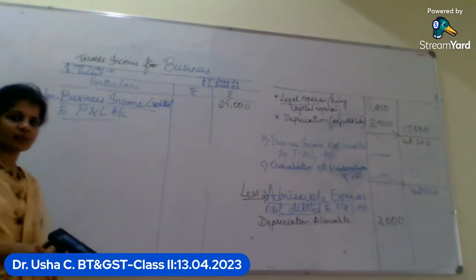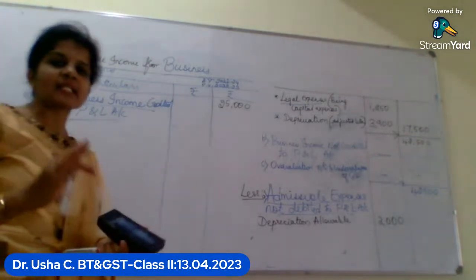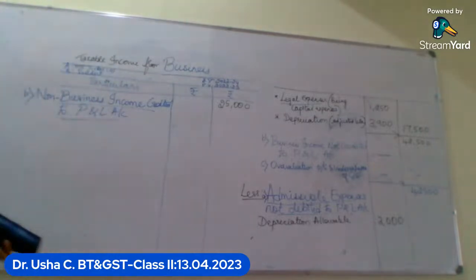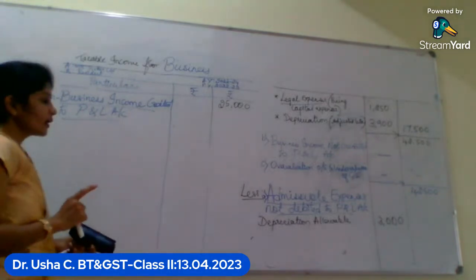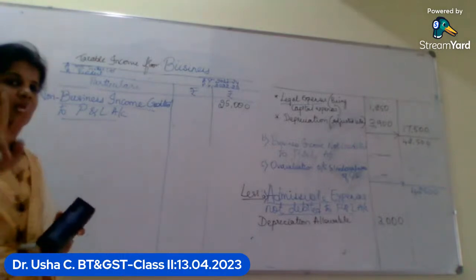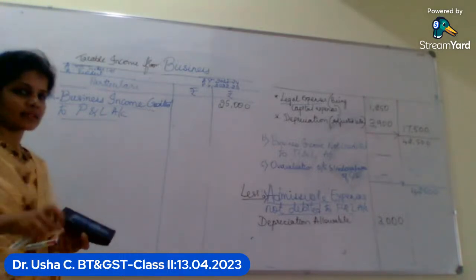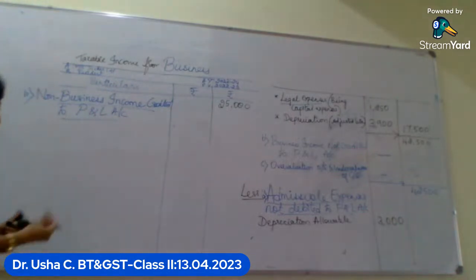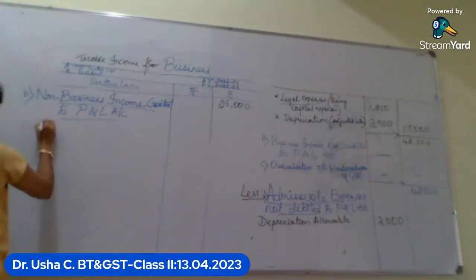Gross profit is 72,000, correct? Second one is interest on government securities. So this interest on government securities, is it a business income? Definitely not. This is taxable under the head other sources. So since it is a non-business income, we have to take this.